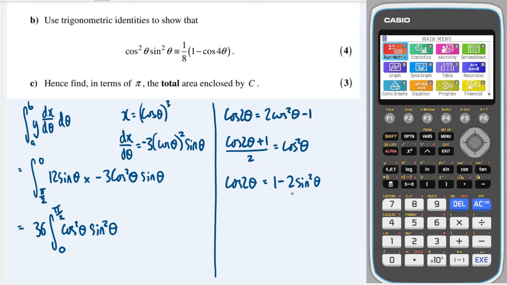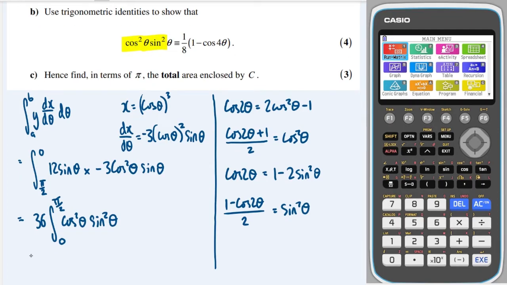So rearranging this, I will get (1 minus cos 2 theta) over 2 is equal to sine squared theta. Okay, that's going to be really helpful because, of course, we've got a cos squared and a sine squared here.